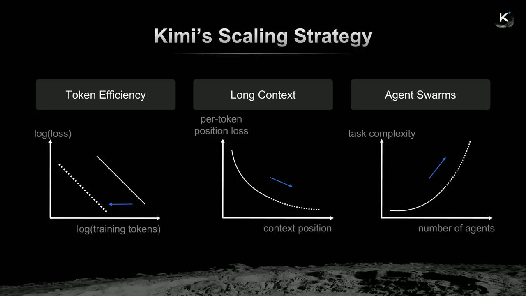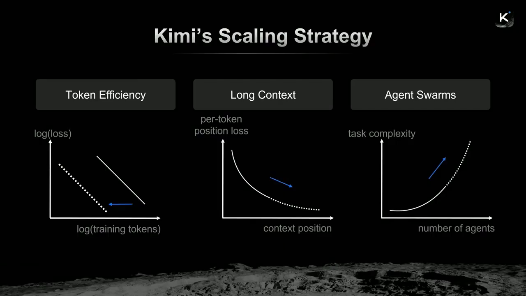But the point is, we're not going to just scale the number of training tokens; we also want to improve the token efficiency, meaning we want to move this curve to the left so that we can achieve a much lower loss using the same number of training tokens. This can be achieved by having better architectures and optimizers, as we'll discuss in later slides.